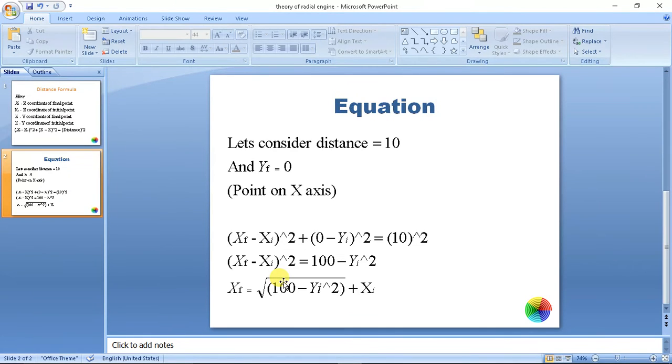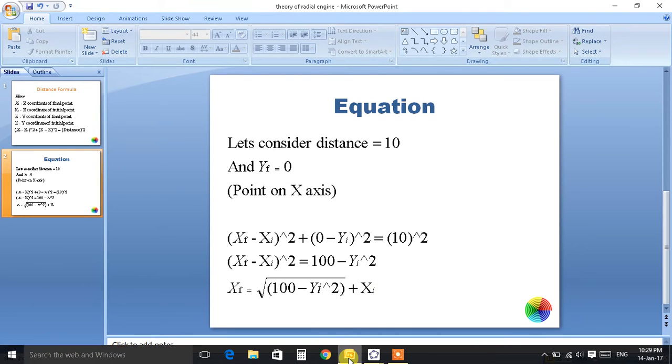In our case the initial point is B and the final point is C. Let's consider the distance to be 10. So our connecting rod is of 10 units and our final point is on the x-axis, so the y coordinate will be equal to 0. If we put the values in the equation, we get x of final is equal to under root of 100 minus y of initial squared, plus x of B. Let's use this equation to form our connecting rod.